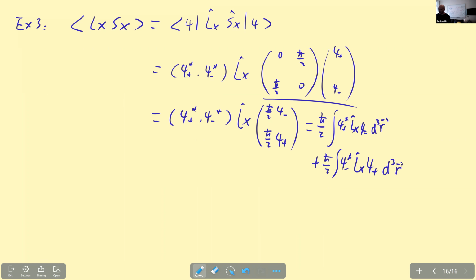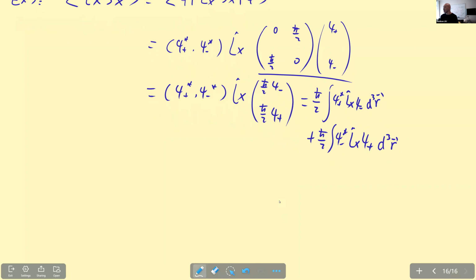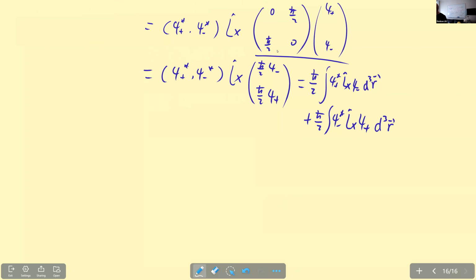Okay, so that's the result. So you do the operation. This Sx is the matrix operation, and Lx acts on ψ+, ψ-. Okay, so this is the way to do it, right?